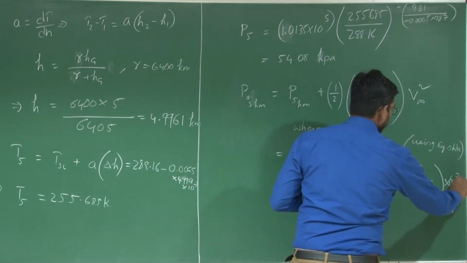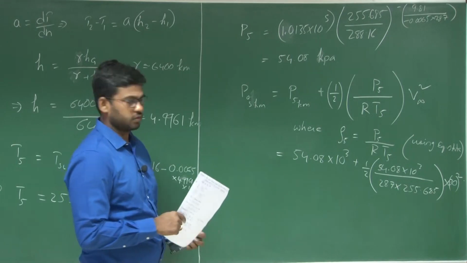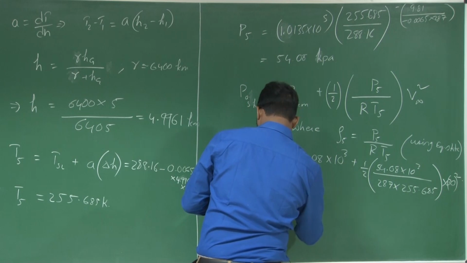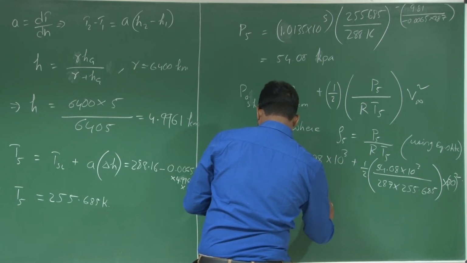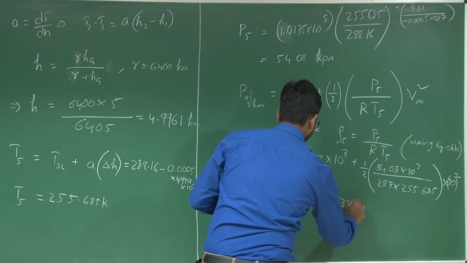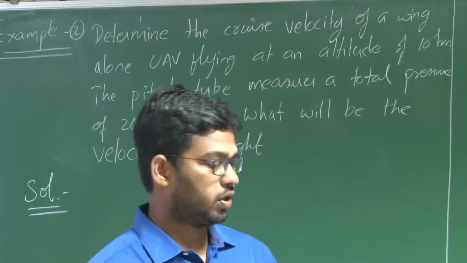The aircraft is moving at 30 meters per second, so the corresponding velocity square is 900. What you have from here is 54,411.638 Pascal.